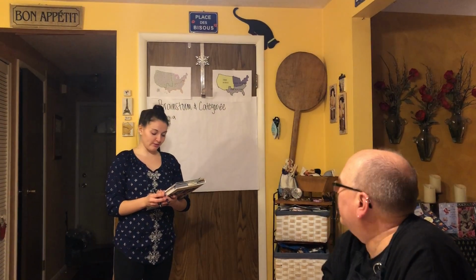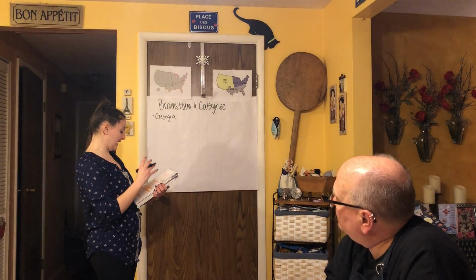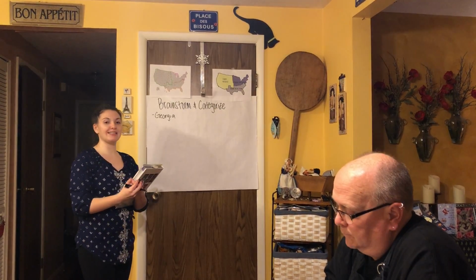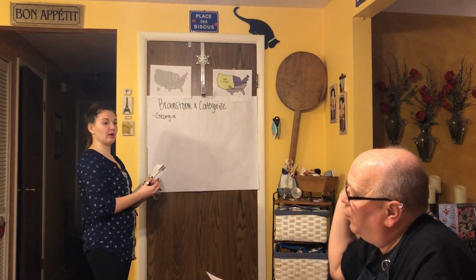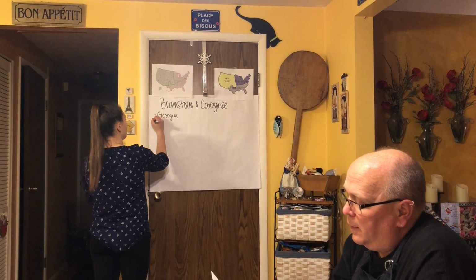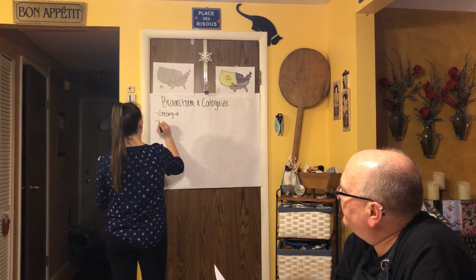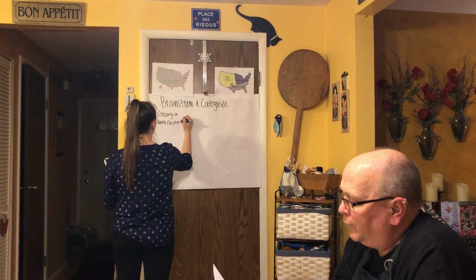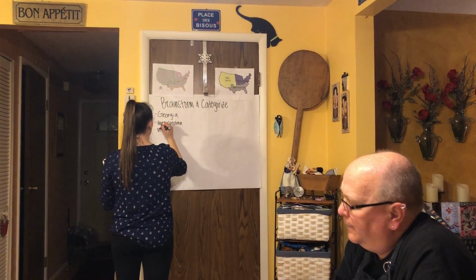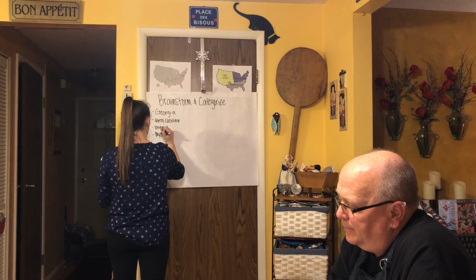Now that we've brainstormed some ideas about the things that we know, we can complete our brainstorm section. Does anyone want to share some of their states? Well, you already have Georgia. North Carolina. Virginia. Wyoming.